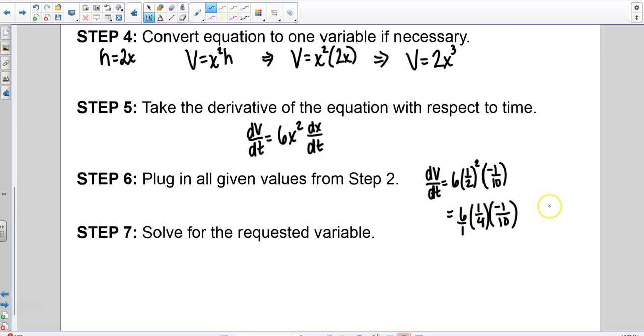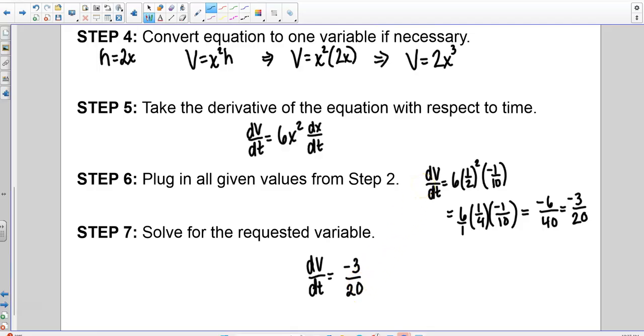Put that 6 over 1. So you're getting negative 6 over 40. That will reduce to negative 3 over 20 right there. So we get dV/dt equals -3/20.